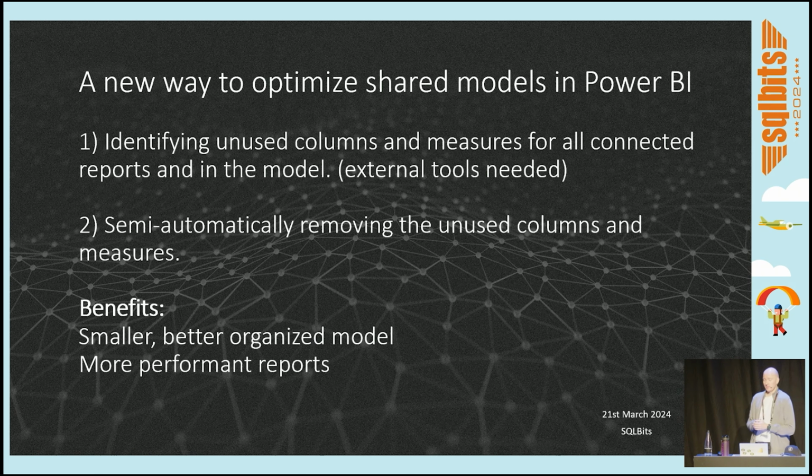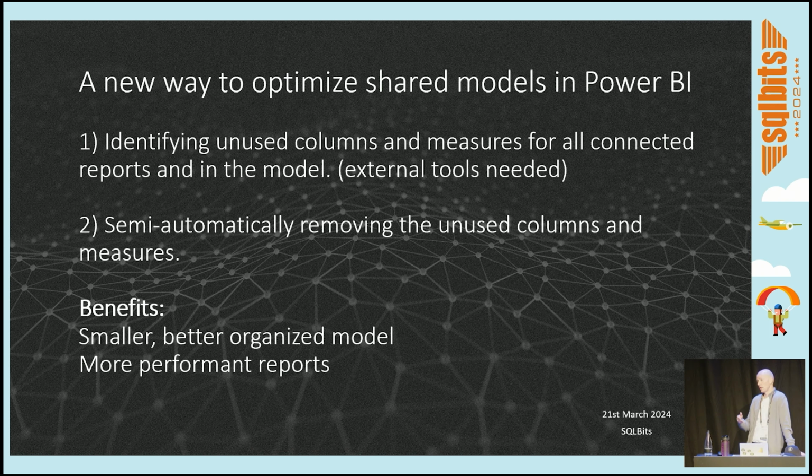So, what is this new way, right? Generally, if we think about performance optimization, it's a complex topic. You have to know a lot of things to optimize a model. It's time intensive. And in my case, we can have a quick win, I would say, by identifying everything that is currently unused.